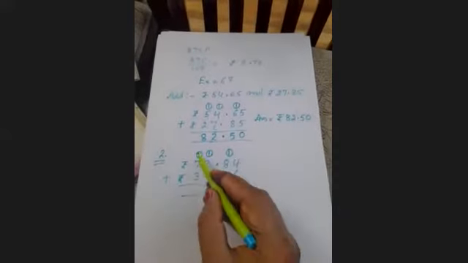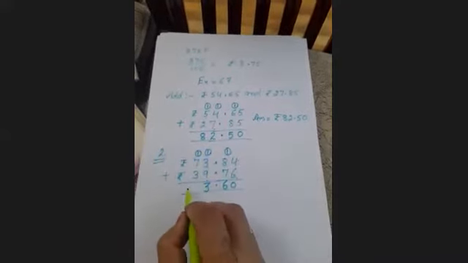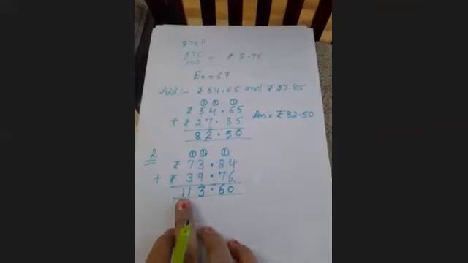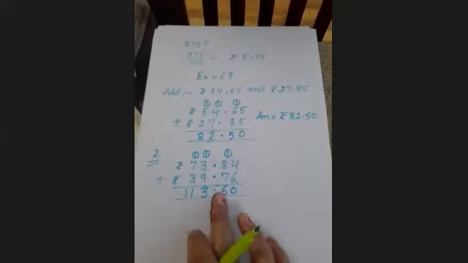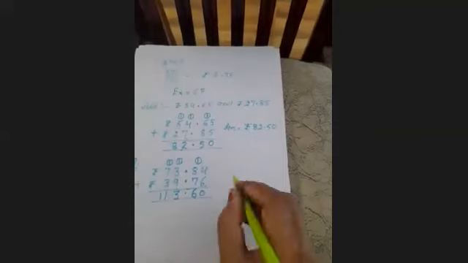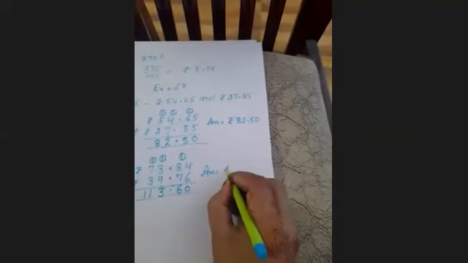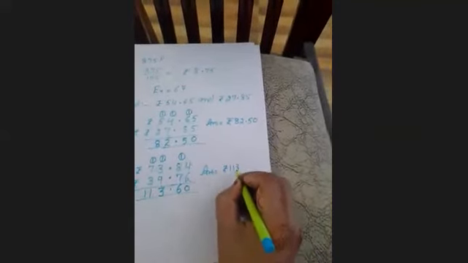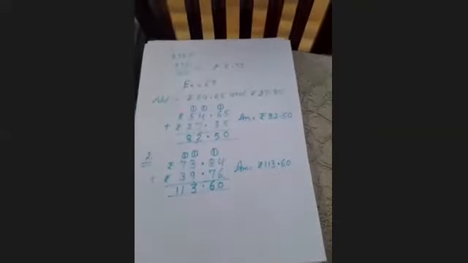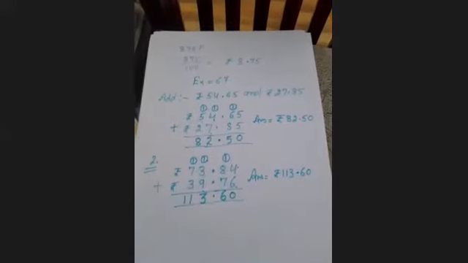Next is 7 plus 1, 8. 8 plus 3 is 11. So students, our answer is rupees 113 and 60 paise. In the second question, our answer is rupees 113 and 60 paise. These are the first and second questions of exercise 67.